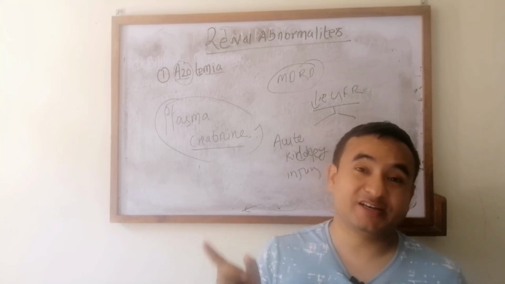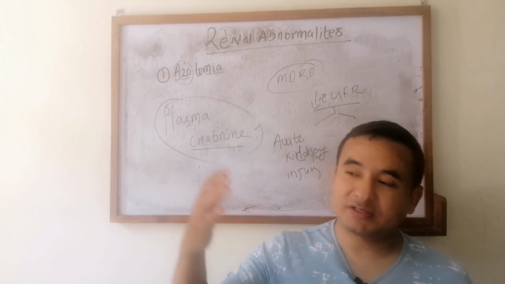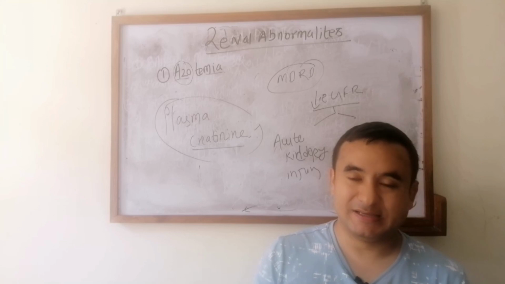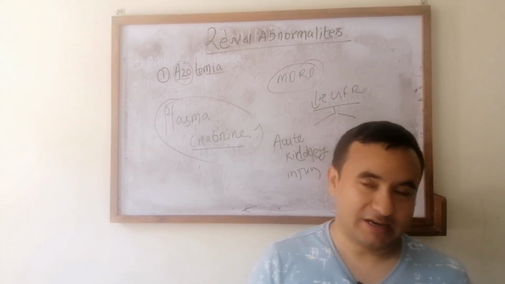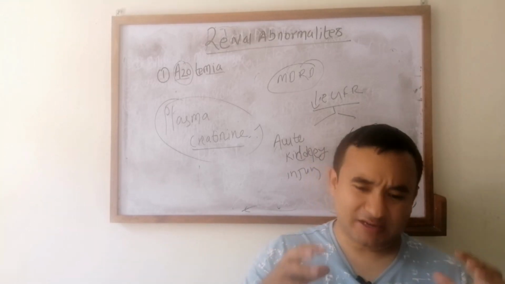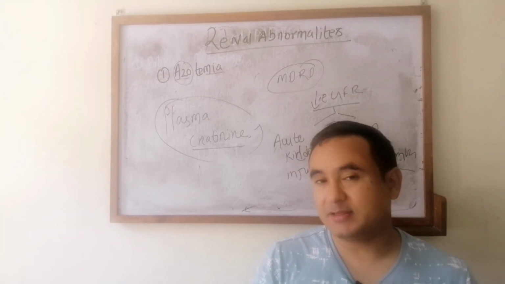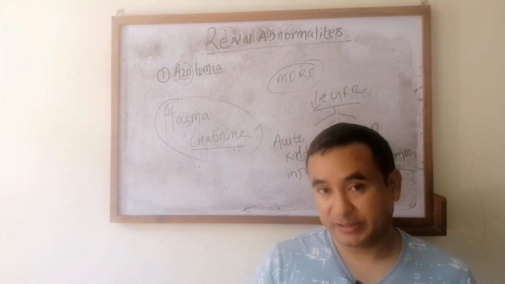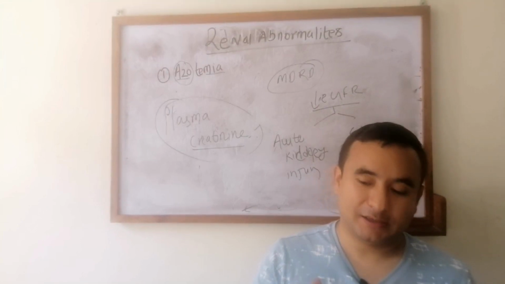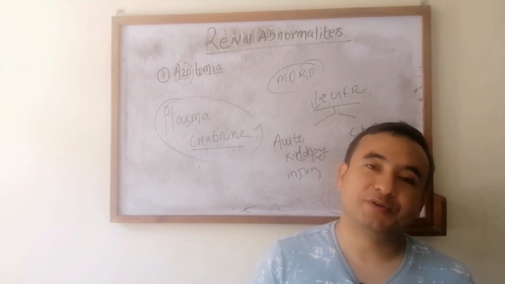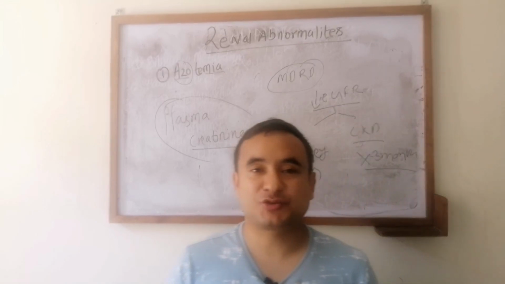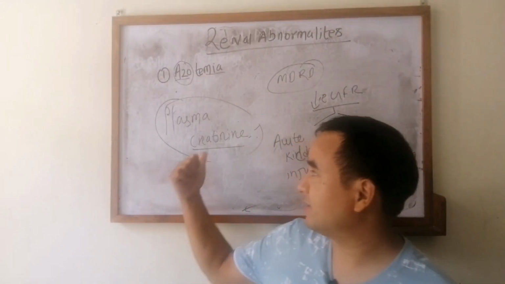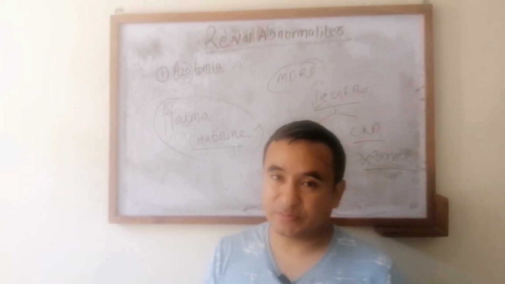Because creatinine is readily filtered from the glomerulus and is neither reabsorbed nor secreted in the tubules. That's why it can reflect the EGFR. Urea gets reabsorbed through the tubules, so the level of urea cannot reflect the actual EGFR.